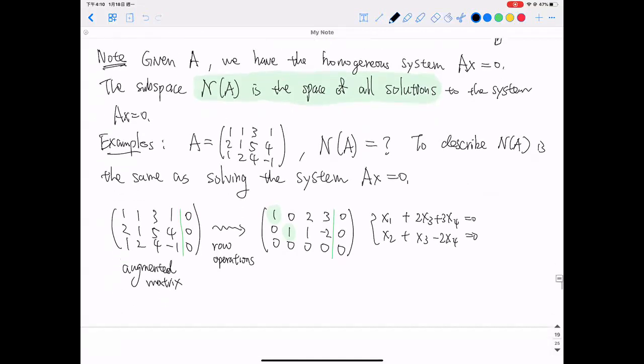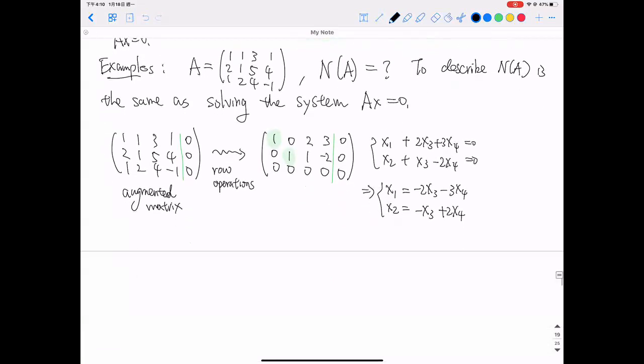Okay. From this, we solve for x1 and x2. X1 is minus 2x3 minus 3x4. X2 is minus x3 plus 2x4.